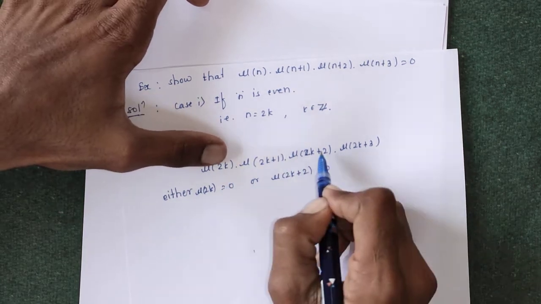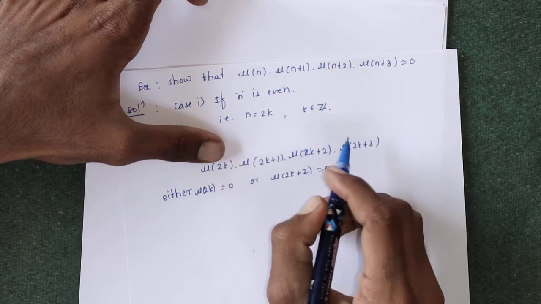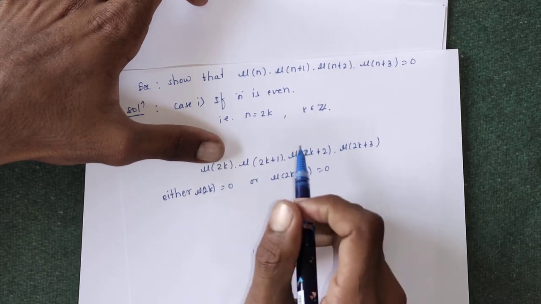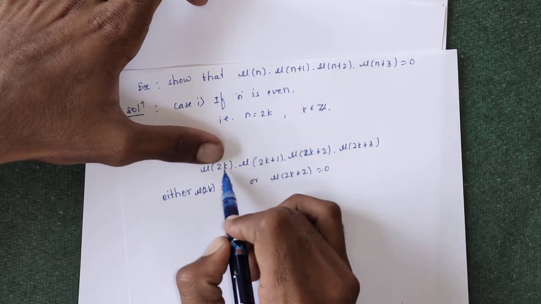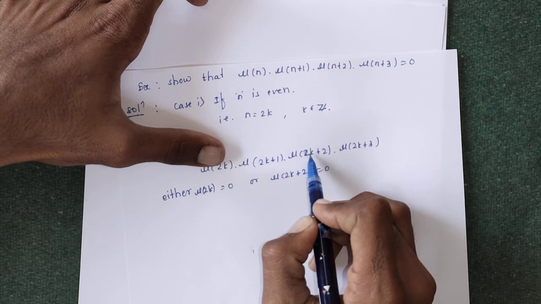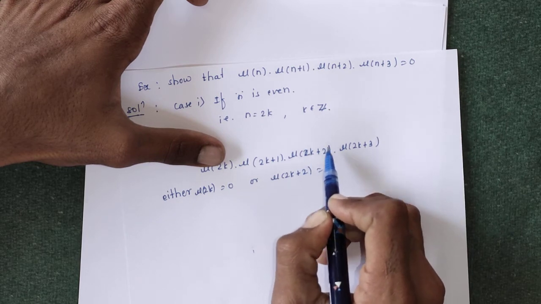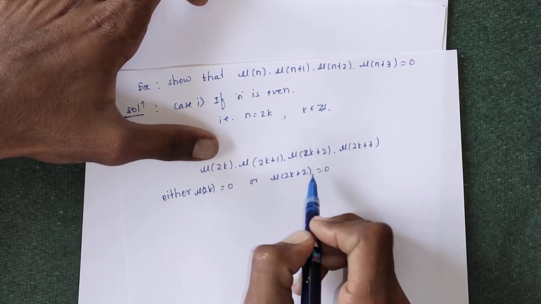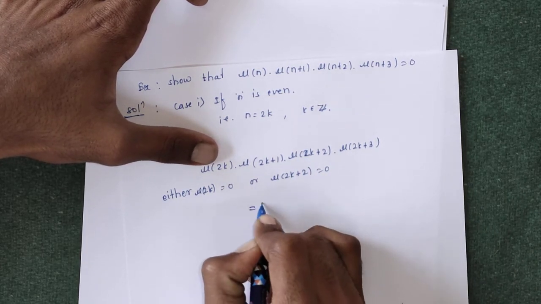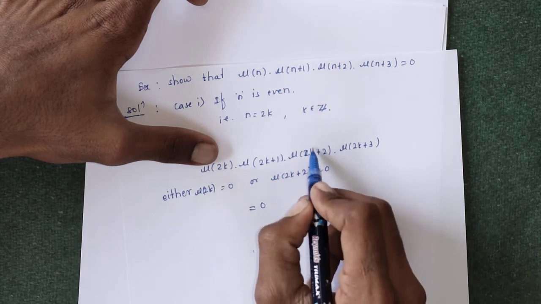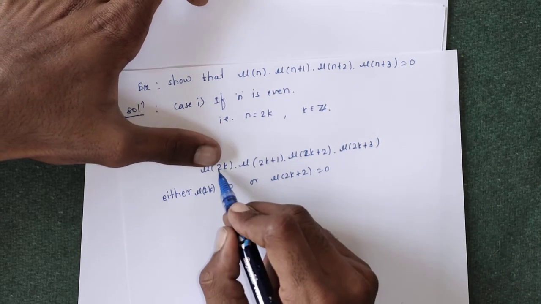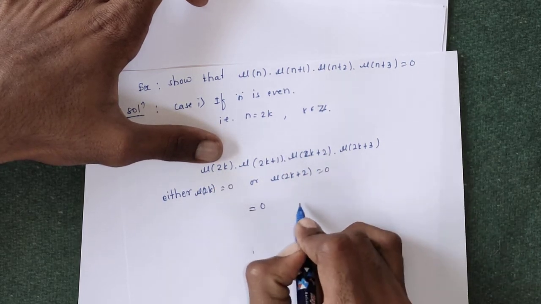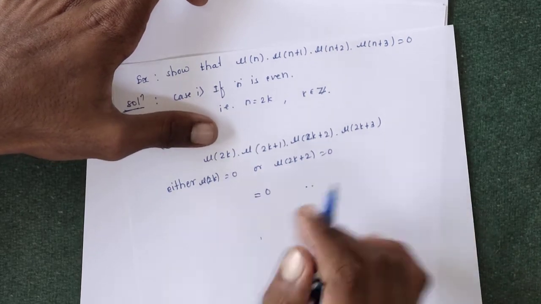So one of these two will become 0. If this is equal to 0, then the whole multiplication is 0, which is our right hand side.